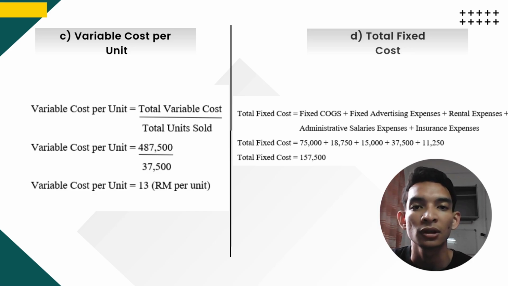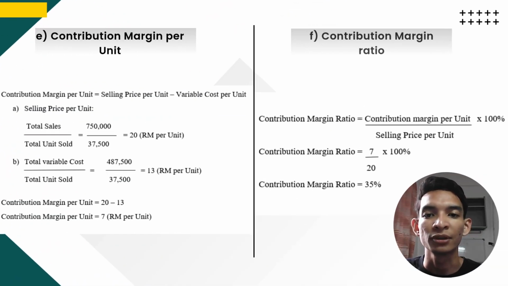Fixed cost of goods sold is 75,000, and fixed advertising expenses is 18,750, plus the rental expenses, which is 50,000, plus the administrative salaries expenses, which is 37,500, and lastly plus the insurance expenses, which is 11,250. The total, or the answer, is 157,500.